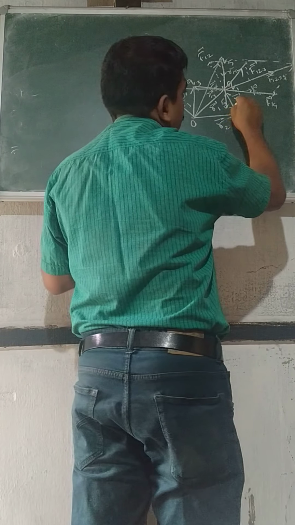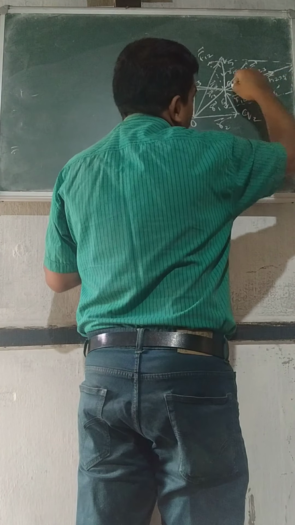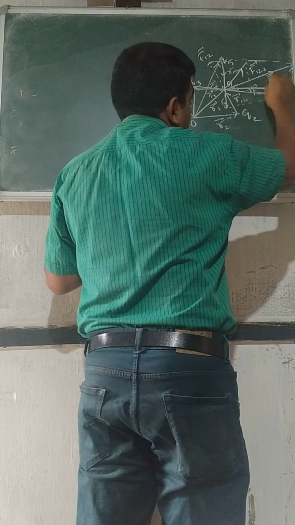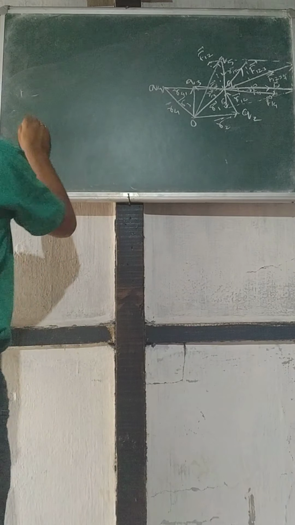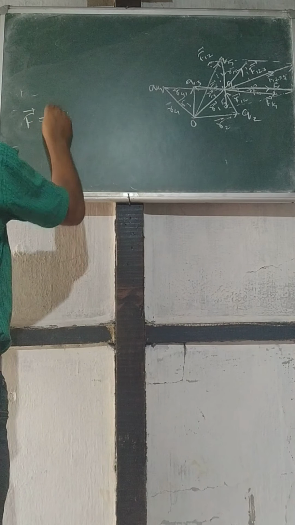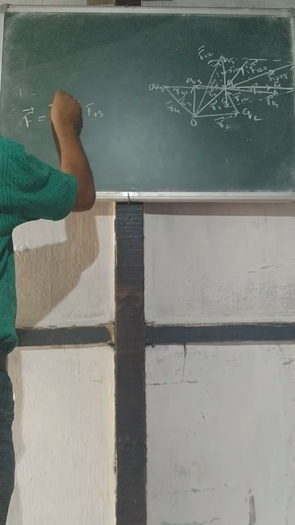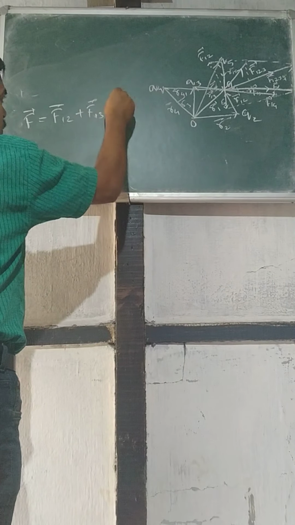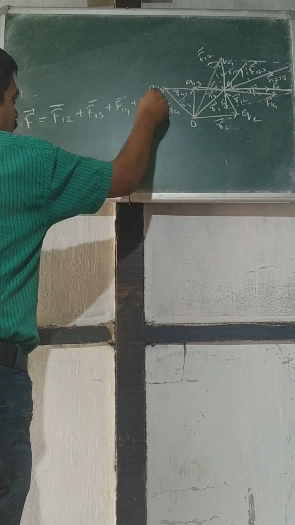This will be drawn this way, and the final result will be this F. So F is the vector sum of F12, F13, F14 and F15.